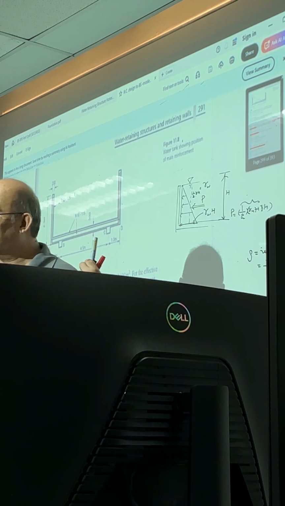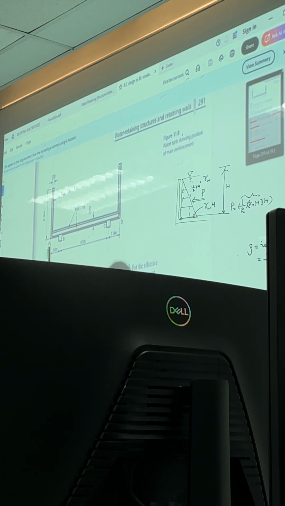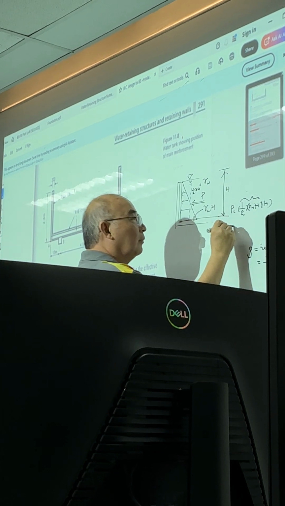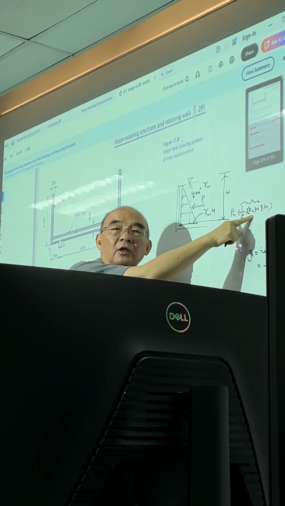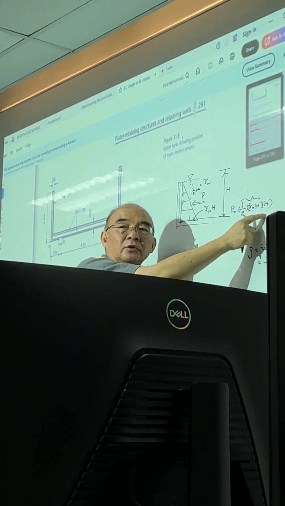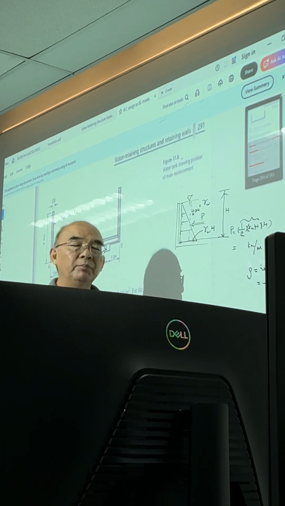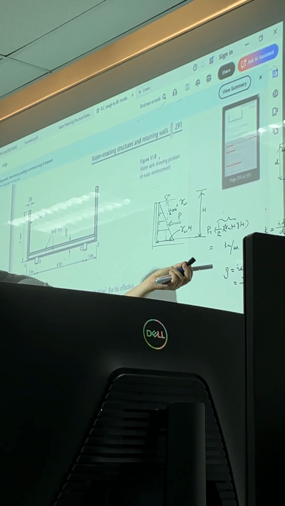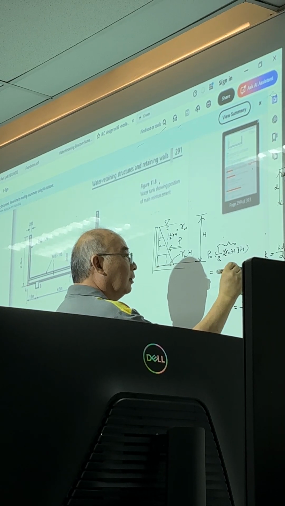So what's the units? Gamma is kilonewton per meter cube, right? This is meter. So the unit is kilonewton per meter. This per meter meaning what? Per meter width.